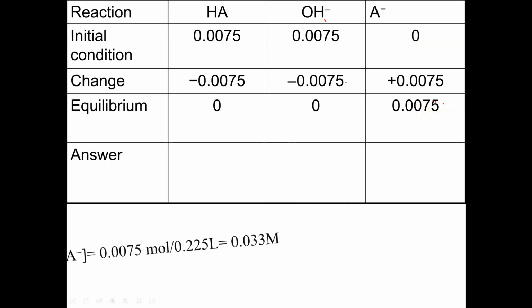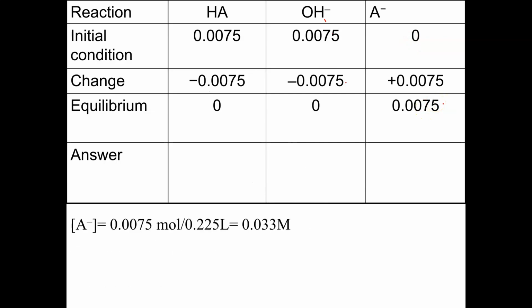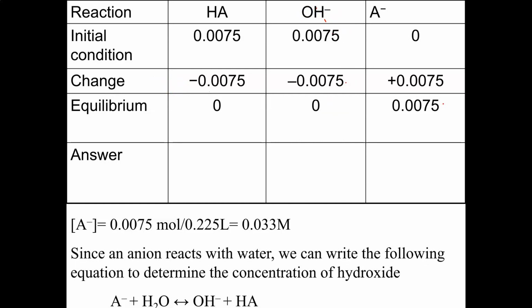I get that. I'm going to change that to molarity because right now I can't figure out the pH because I don't have hydroxide and I don't have hydronium. So what I'm going to do is write a second reaction. Whenever these two are zeroed out, you have to write a second reaction, which makes this much more entertaining than it should be.